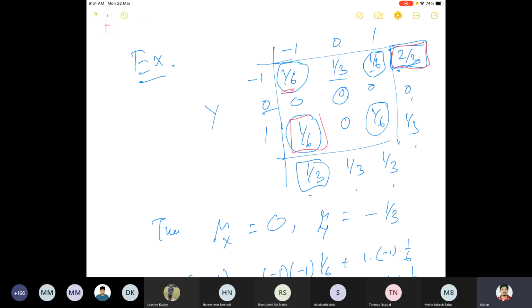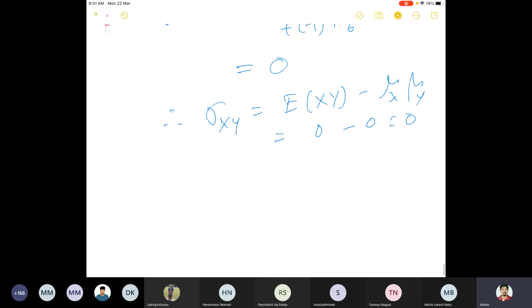In other places it is equal, but at other places you'll see that this times this is not equal to this one, and so on. So basically I can say that f of xy is not equal to g of x times h of y, at least when x equals minus 1 and y equals minus 1.